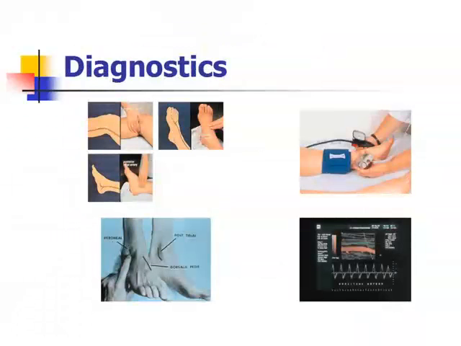This is called an ankle brachial index, and it measures the difference in blood pressure between the upper and lower extremities. It takes the systolic blood pressure divided by the diastolic blood pressure and looks to see what those numbers are, and looks for whether stenosis is present.